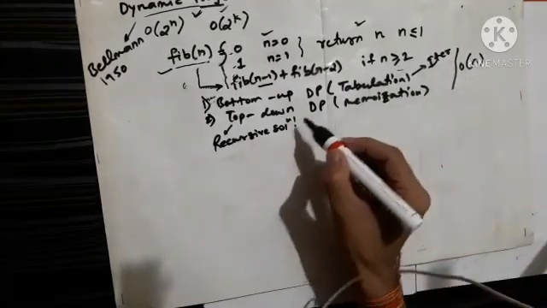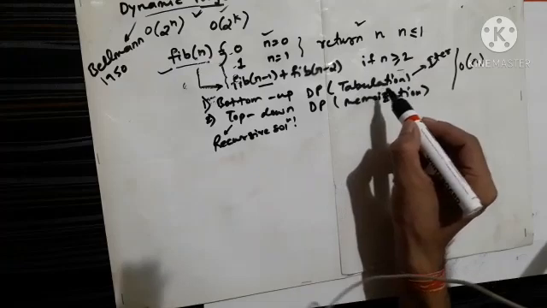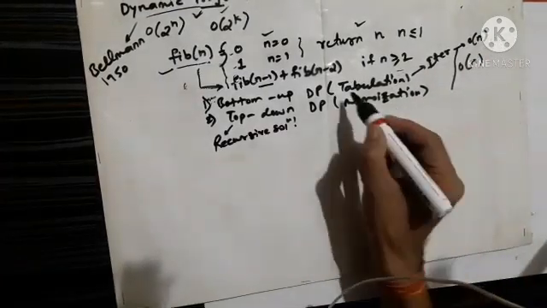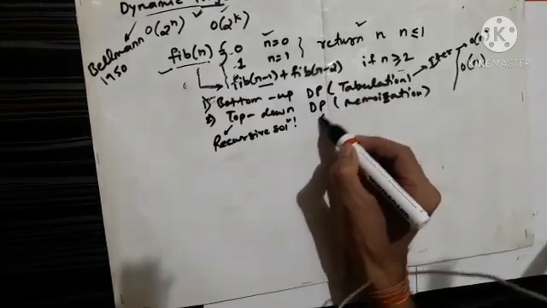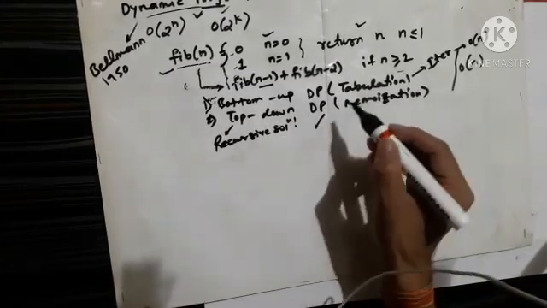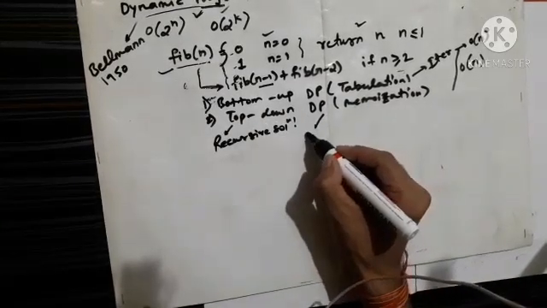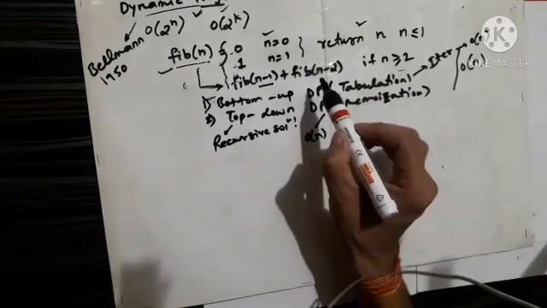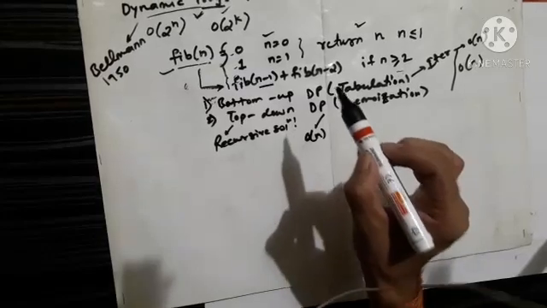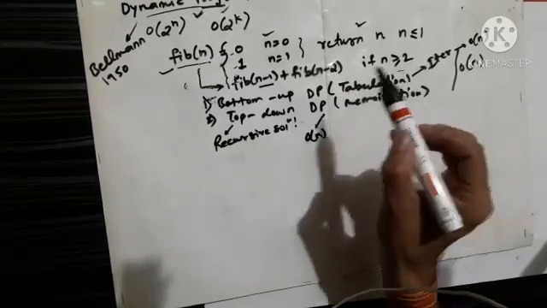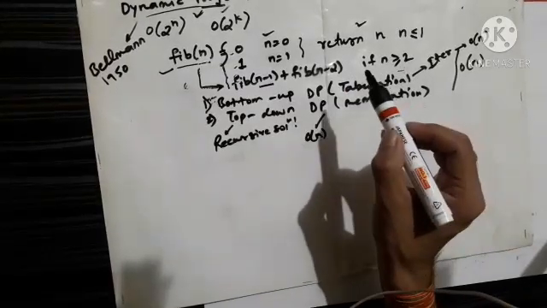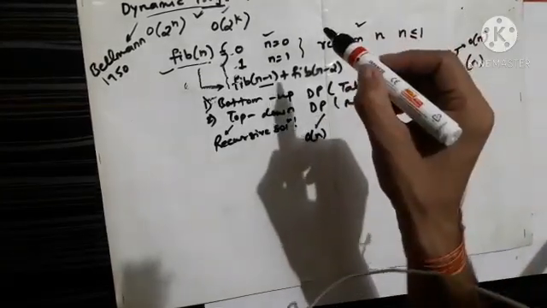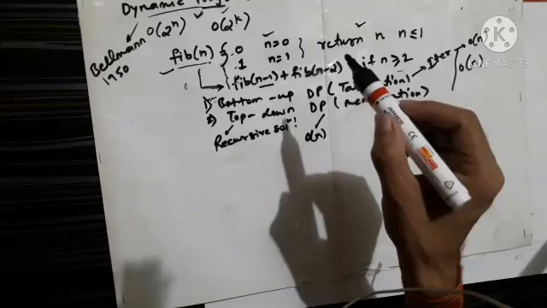But bottom up DP will definitely have a space complexity of big O of n, because I will use an array here. Also here I will use the concept of an array. It is going to take big O of n, because we have to store the value the recursive function is returning in the array, so that whenever the same function is going to be computed, we use the value present in the array.